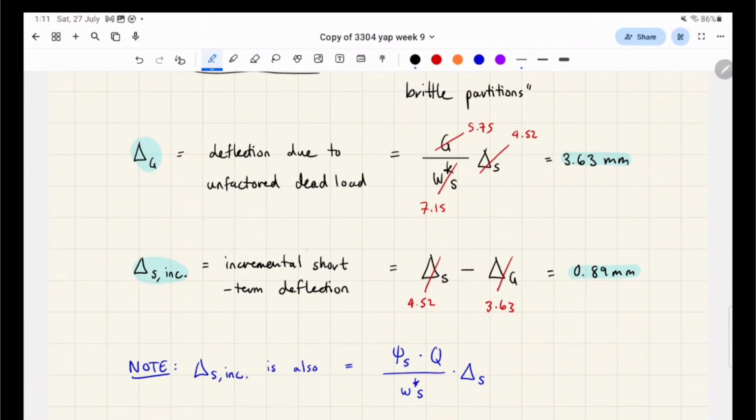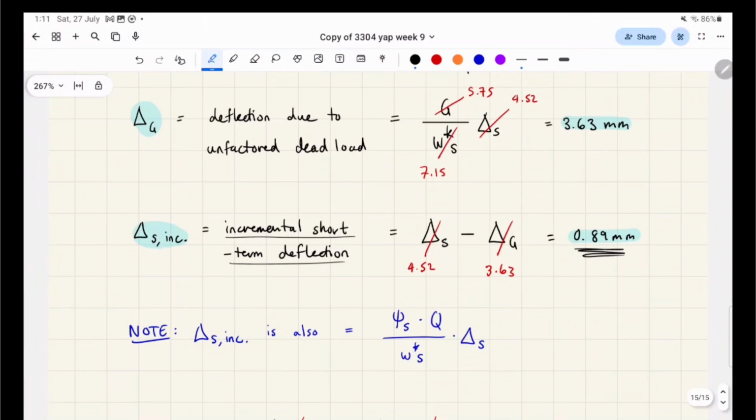Basically the incremental short-term deflection is equal to this, and it's basically in this load combination, right? We just care about this part, the 0.7 times Q, right? That's what we're calculating essentially, right?